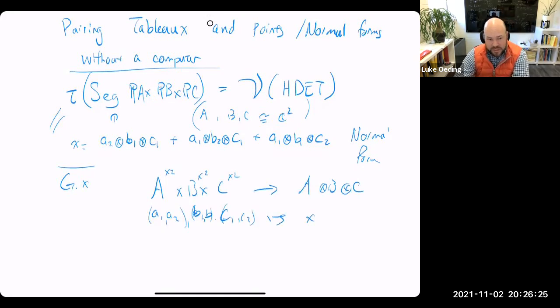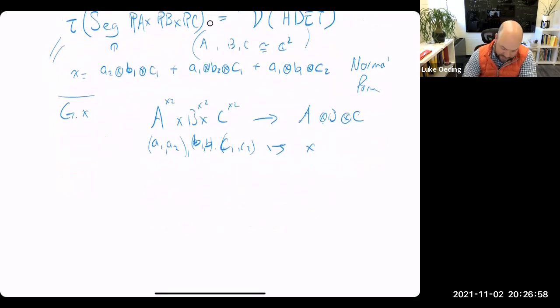So the orbit description is also a parameterization of this variety, because I can choose any basis of A with the action of GL2. It's two-dimensional. So anyway, for any variety we're interested in that has a normal form or a parameterization, we could try to pair that parameterized point or the normal form with the tableau and see what we get, right?